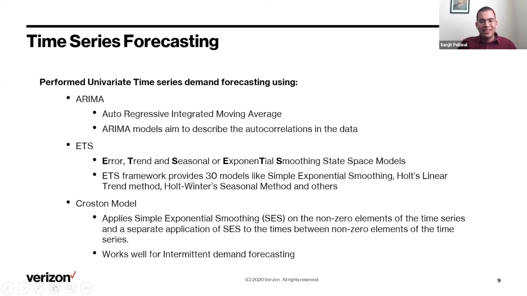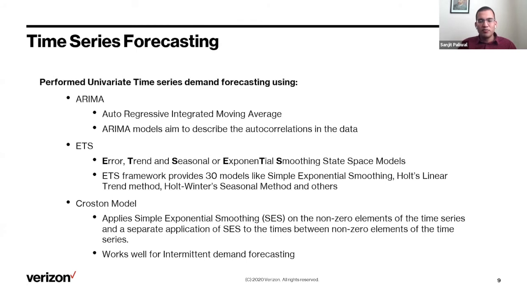And now the next method is ETS, that is error, trend, and seasonal, or exponential smoothing state space models. These are two different terms for the same framework, and the framework contains 30 models like simple exponential smoothing, Holt's linear trend method, Holt's Winters seasonal method, and others.